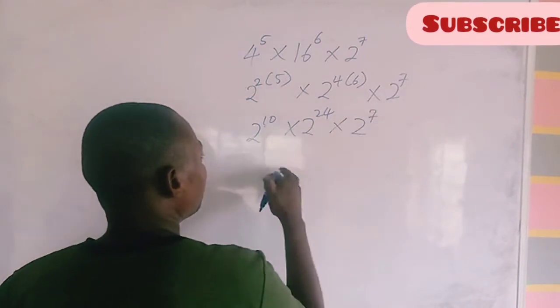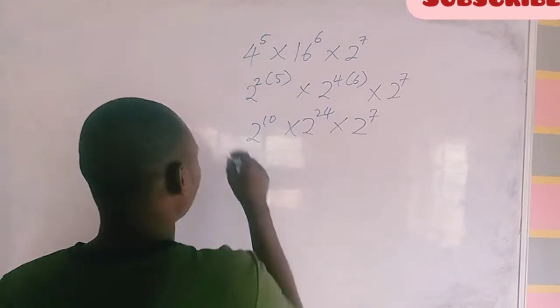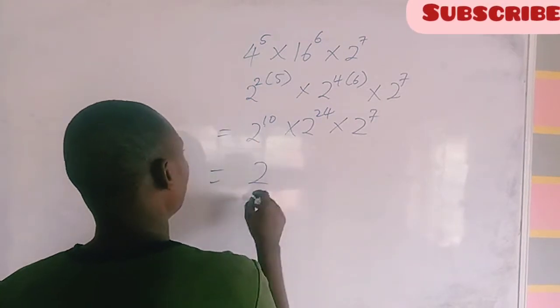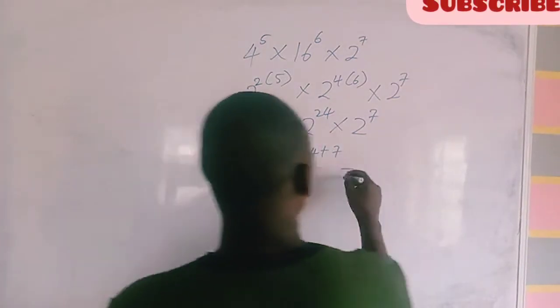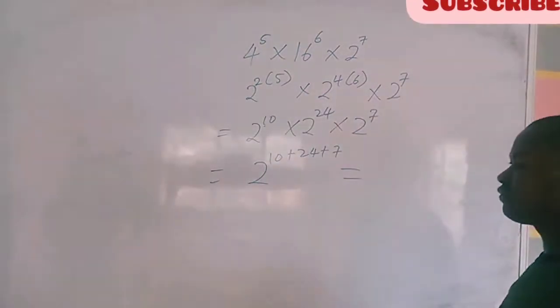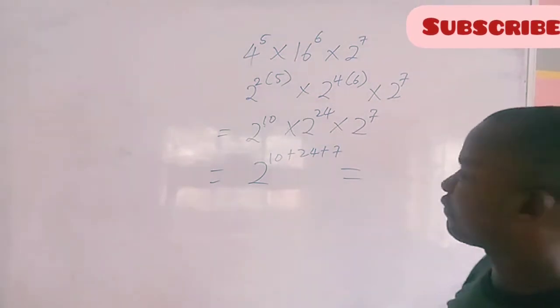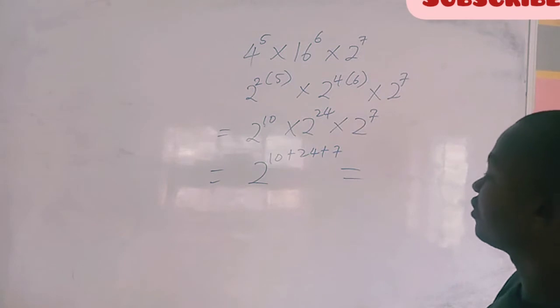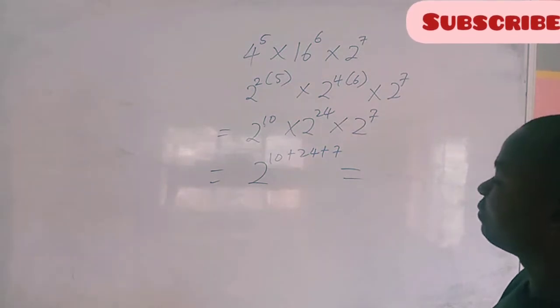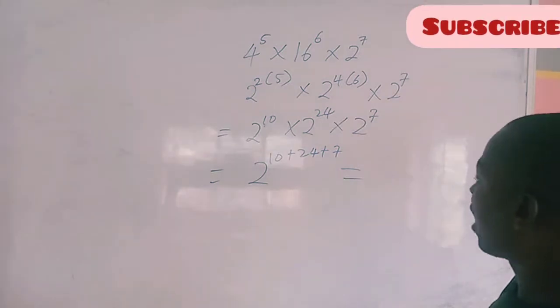Okay? So we'll now pick one of the bases, which is 2. So 10 plus 24 plus 7: 10 plus 24 is going to give us 34, plus 7 will give us 41.